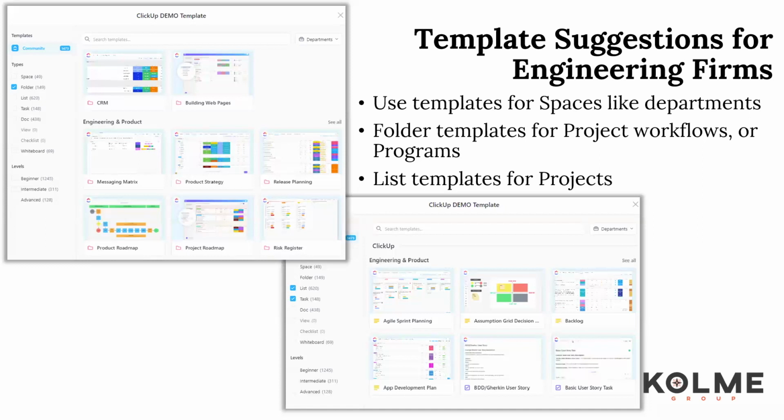Template lists for design, feedback forms, project status, scrum sprints, backlogs, and bug tracking. Make task templates for bug reports, basic user stories, and to keep the project structures consistent for every team.